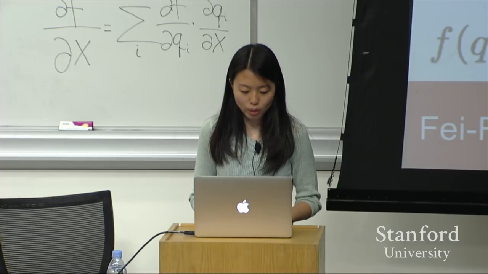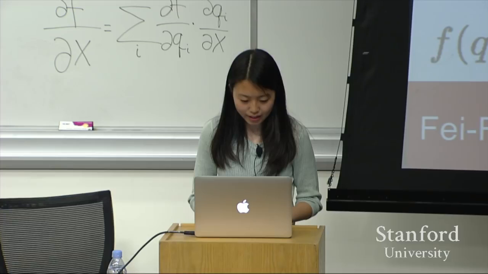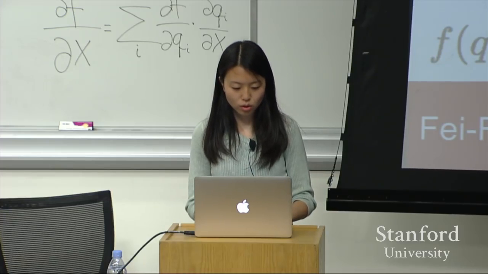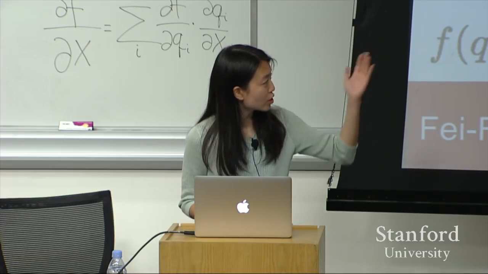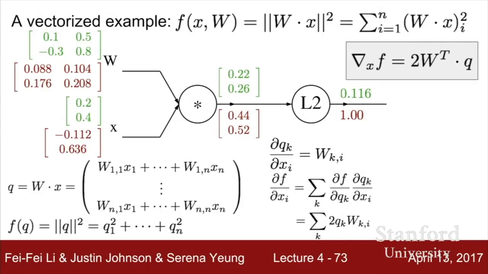So we are computing the Jacobian. Let me go back here. We have these partial derivatives of q_k with respect to x_i, and these form the entries of your Jacobian. In practice, you're going to see it up there in the chain rule.